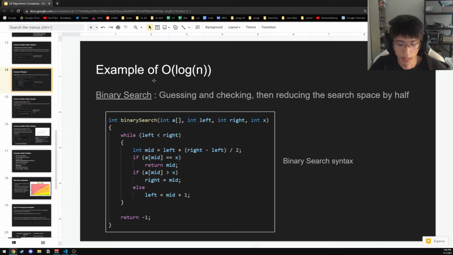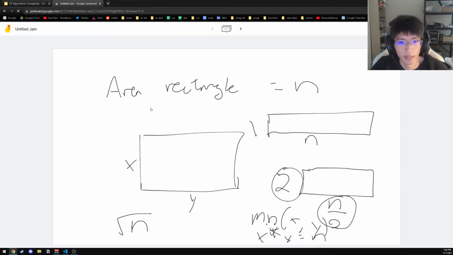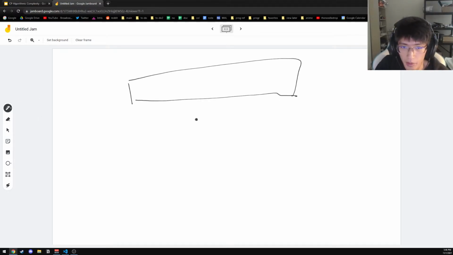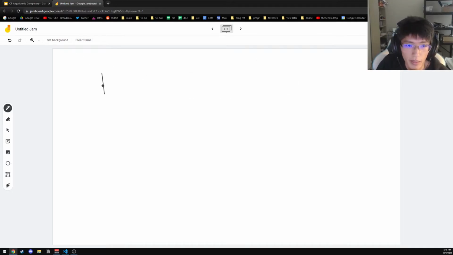So what happens in binary search is that you have a range of numbers. Let's say you have a number line, and you know that your number is between here and here, or you have an array of sorted numbers or something like that, and you're looking for something.